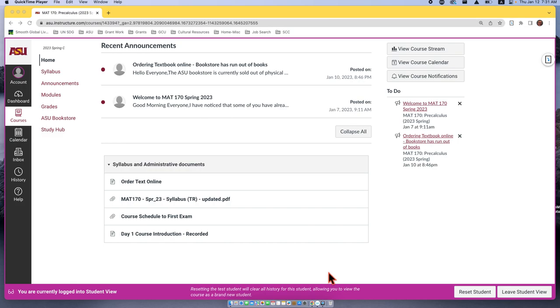Of course, it'll take some time for the actual book to get to you, but again, in this class, I don't use the book, sort of. I use the online portions that you will all have access to. And so what you will get is an email with that access code right away. So ordering it online gets you what you need so you can get into the system, okay?